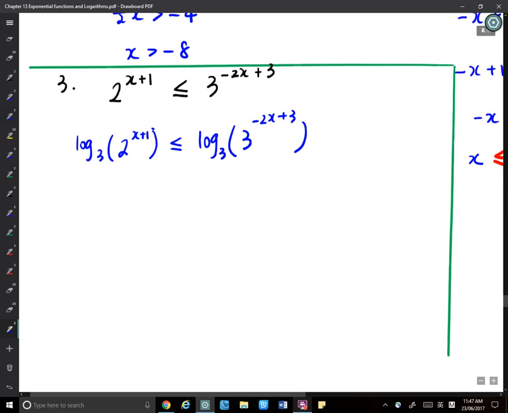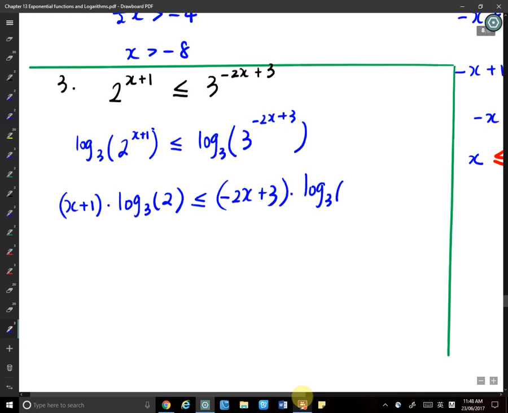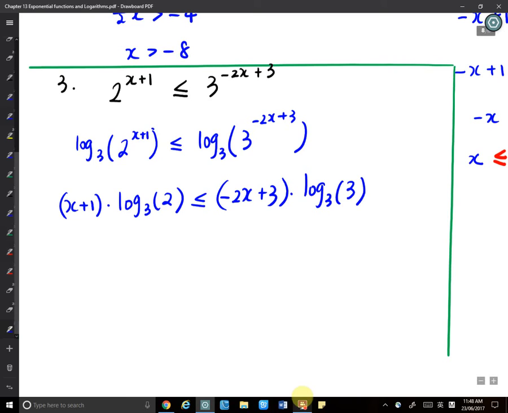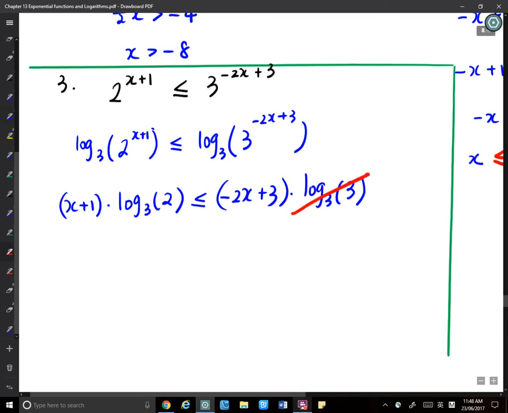So what I will have is (x plus 1) times log 3 of 2, and this side will be (2x plus 3) times log 3 of 3. That's why I choose base 3 here, because if you choose base 3 or base 2, you can just cross out one number. That number is 1.